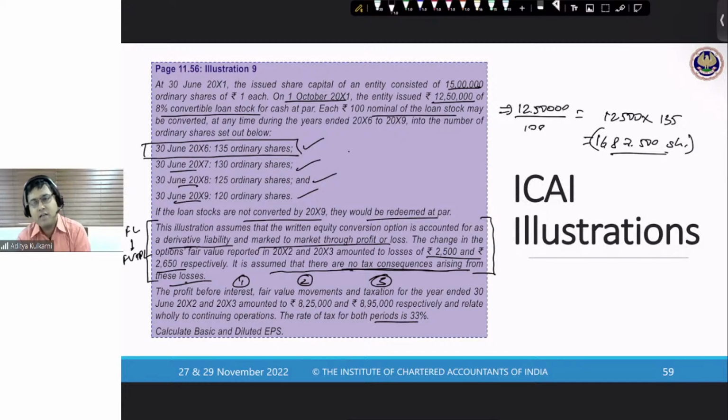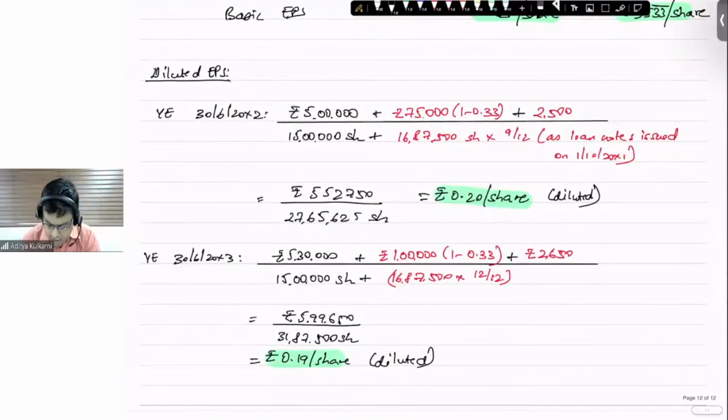If the conversion ratios are fixed, it would be equity. If it is variable, it becomes a liability. And since it is a liability, we follow fair value through P&L principles. That means we have to fair value this liability at each reporting date, and whatever changes in the fair value, we record in the P&L. So this 2.5 and 2650 represents that movement in fair value. That takes care of this question.